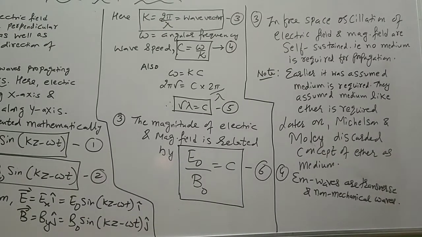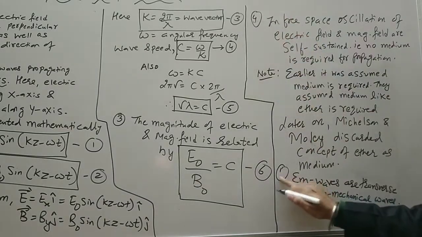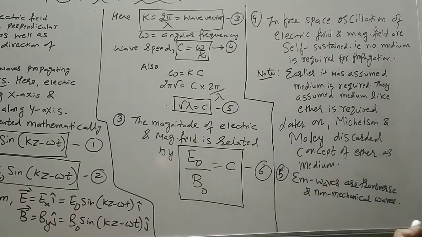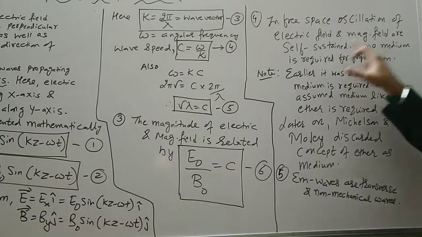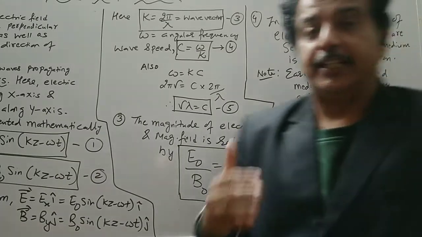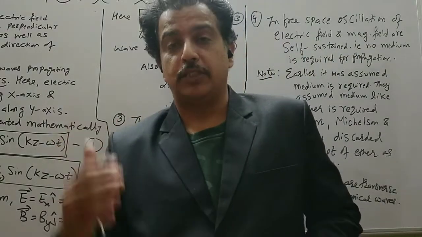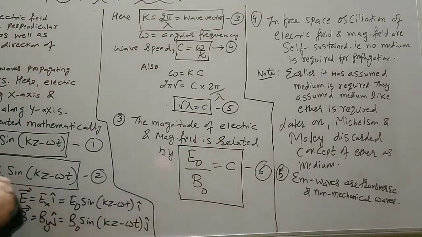Now let us see the fourth characteristic. Sorry, this is the fifth; the fourth characteristic is that in free space, the oscillations of the electric and magnetic fields are self-sustained. It means the electric field intensity which is oscillating gives rise to the magnetic field intensity, and the magnetic field intensity gives rise to the electric field intensity.